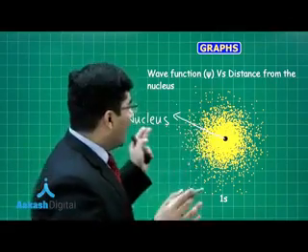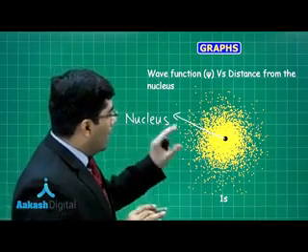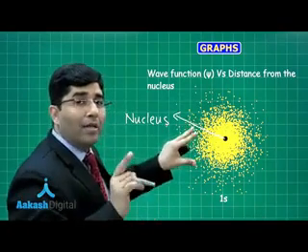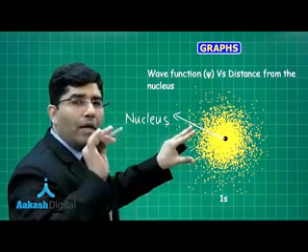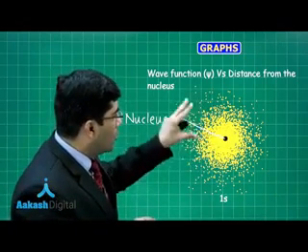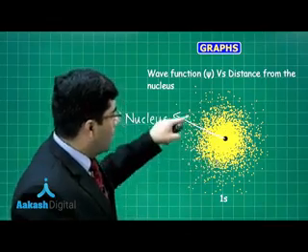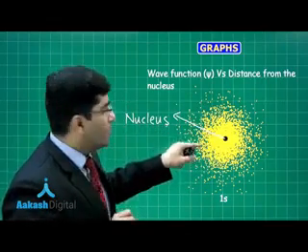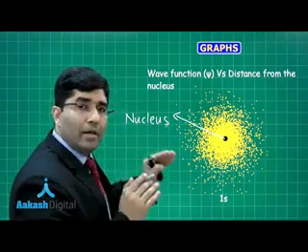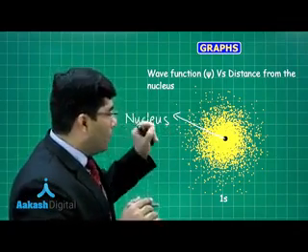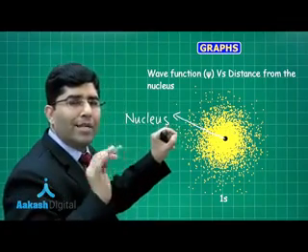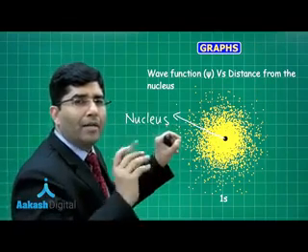No. These points are the positions of the electron, and we know that when light falls on an electron, it changes its position. The probability of finding the electron is maximum near the nucleus because the nucleus has positive charge and attracts the electron.